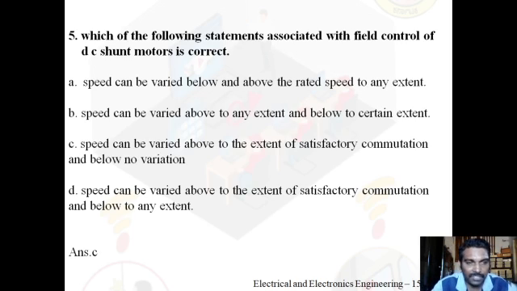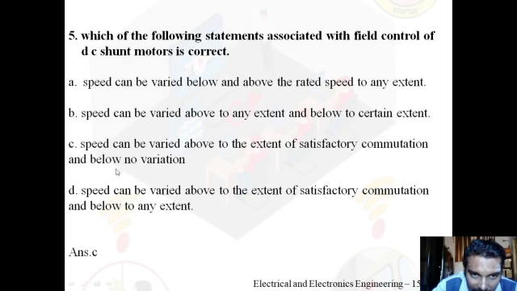Which of the following statements associated with the field control of a DC shunt motor is correct? Option C: the speed can be varied above the rated speed to the extent of satisfactory commutation, and below it there is no variation.